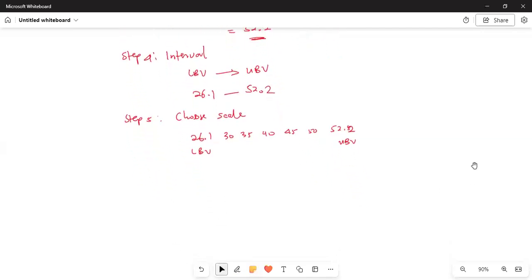So in this case, somebody may decide to choose 50, somebody will choose 45, 40, 35, whatever. It depends on you.